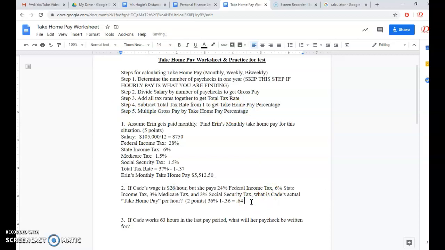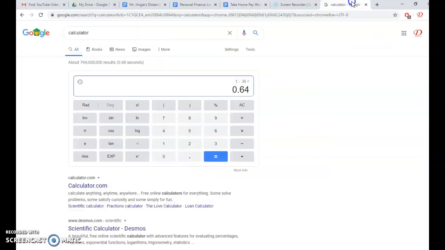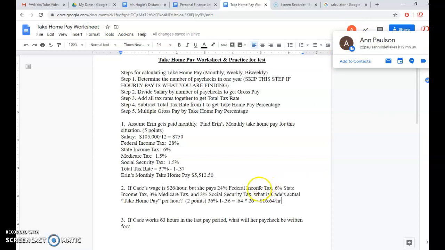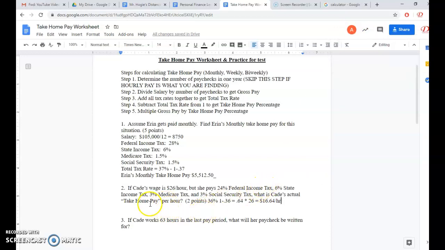So 0.64 times 26 equals $16.64 per hour. All right, so that is how we find our take-home pay per hour.